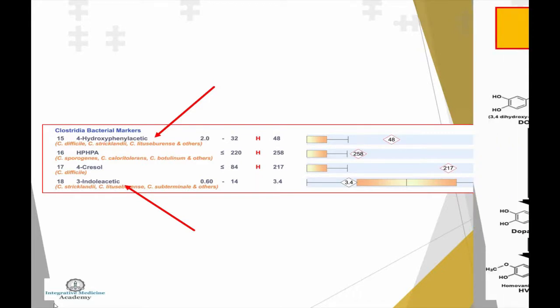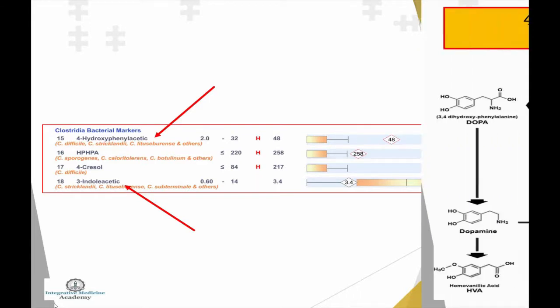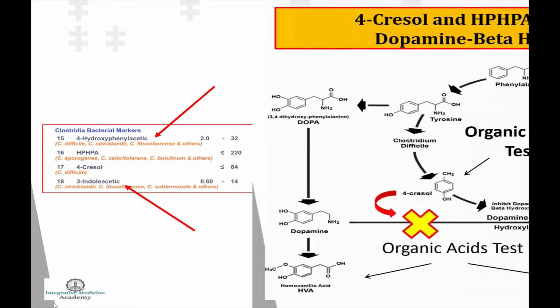We know that these Clostridia markers, specifically 4-cresol and HPHPA, through their chemical structure, can inhibit an enzyme called dopamine beta hydroxylase. Dopamine beta hydroxylase is what converts dopamine to norepinephrine in the nervous system. When that enzyme is inhibited, you can get an elevation of dopamine.